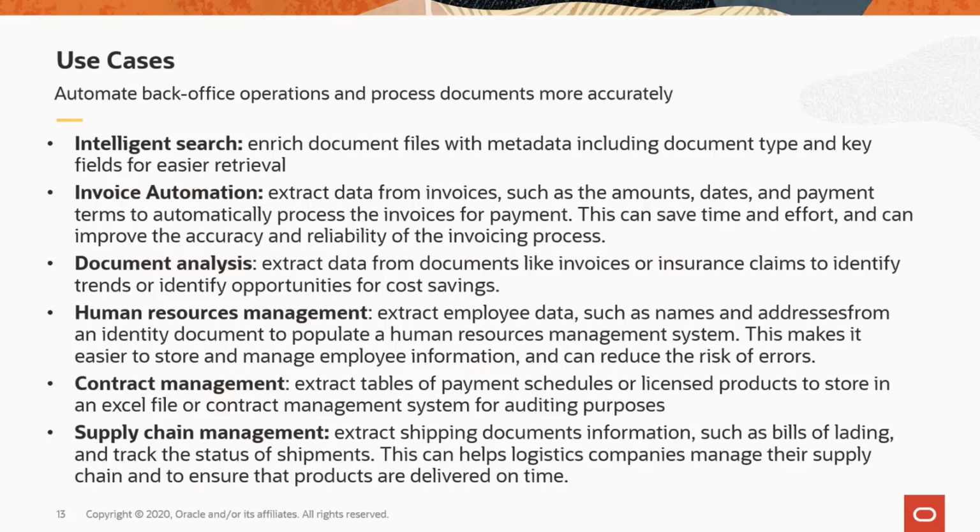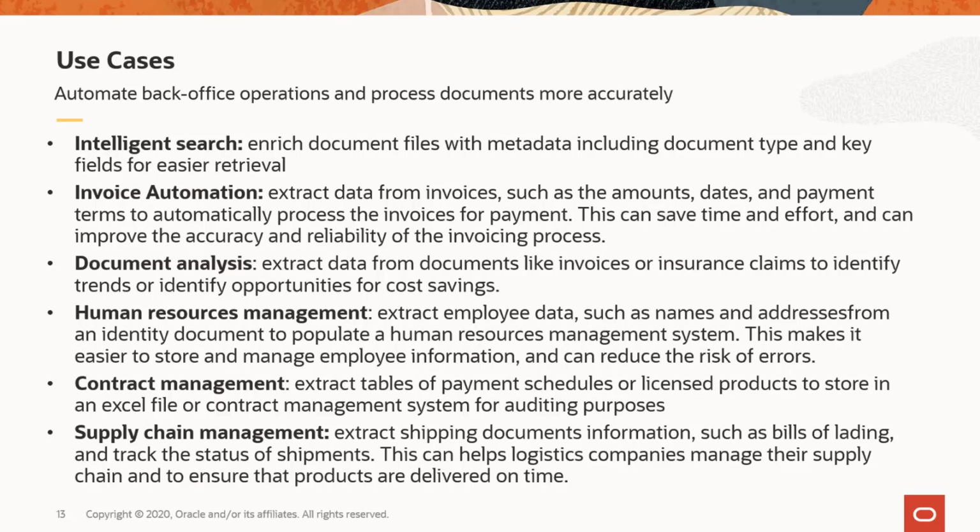There's also many line of business use cases that are possible. So you can imagine for things like HR management that a lot of times this requires some sort of population of identity documents within human resource management systems. And this is something that you can do really efficiently with our passport or key value extraction types of features. Contract management is another tricky one where a lot of times the text needs to be extracted from the document as well as tables of information like payment schedules or licensed products.